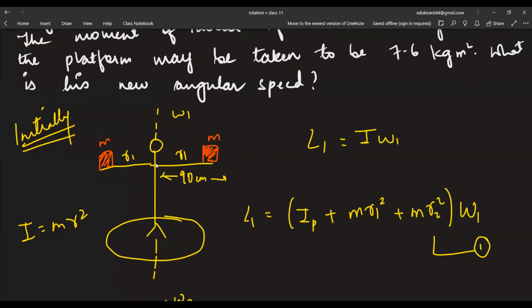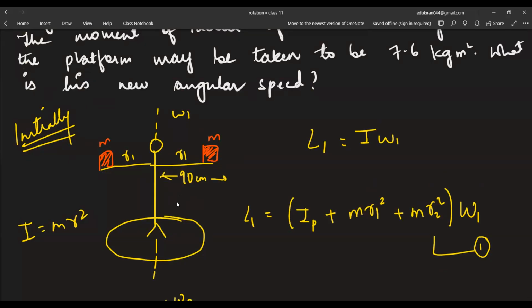See, a person is standing on a platform with two weights he is holding, and both the weights, he has spread his arms along the side. He has stretched both of his arms and a long radius has been created of 90 centimeters, and he is rotating. So what will be the angular momentum? I omega. Angular momentum is I omega, so we have to expand this moment of inertia.